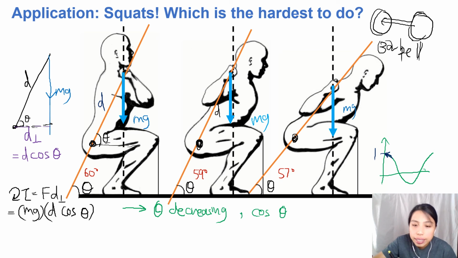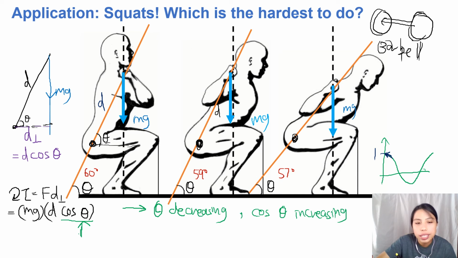So cosine theta is increasing in this case. If you don't believe me, grab a calculator, plug a small angle into cosine, and see what you get. Okay, so cosine theta is increasing, so this is getting bigger.